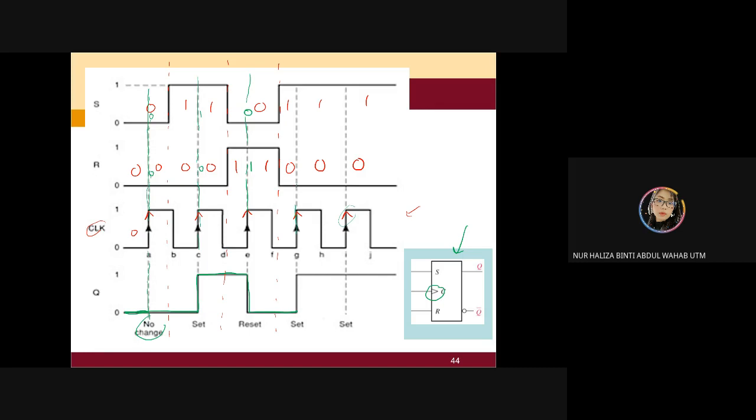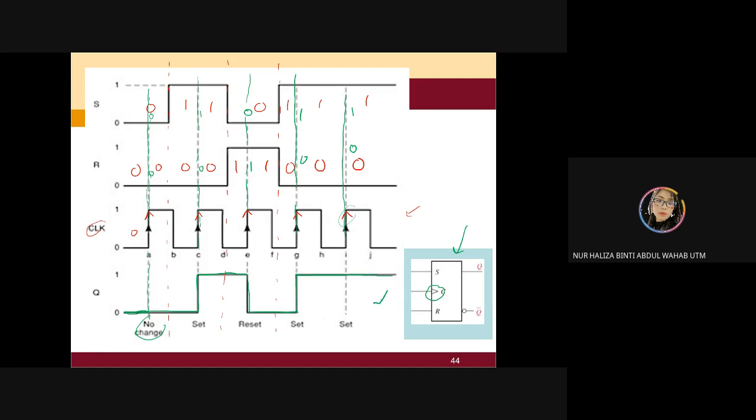At this line, my value is 1, 0, and my output will be set or a 1. So I'm going to continue until I meet another positive clock. At this positive clock, my value is 1, 0. So it's going to be set and 1.